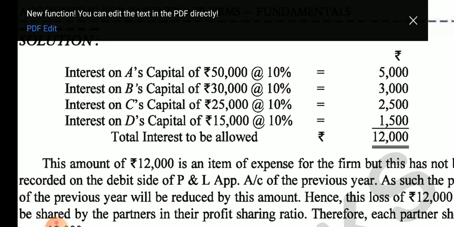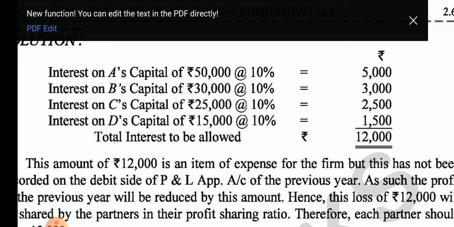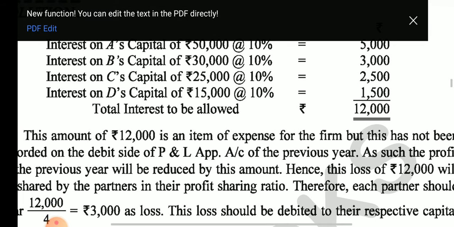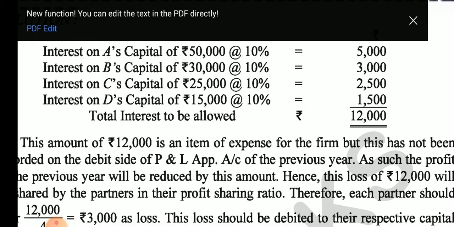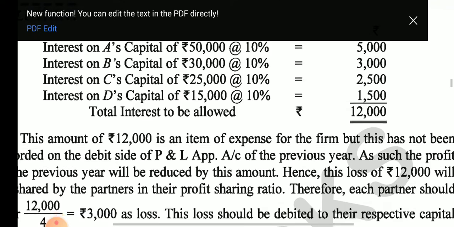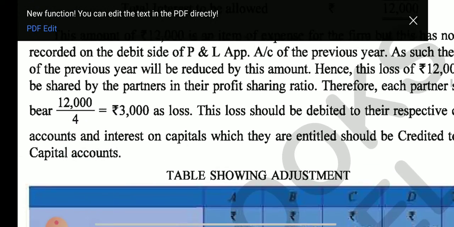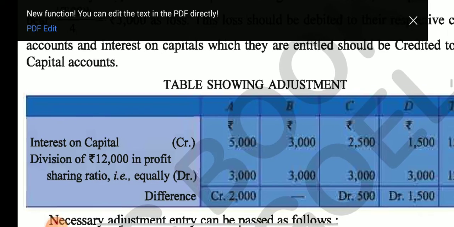So first we calculate the interest on capital of all partners. 50,000 at 10% is 5,000, 30,000 at 10% is 3,000, 25,000 at 10% is 2,500, and 15,000 at 10% is 1,500. Then we show these amounts in one table.